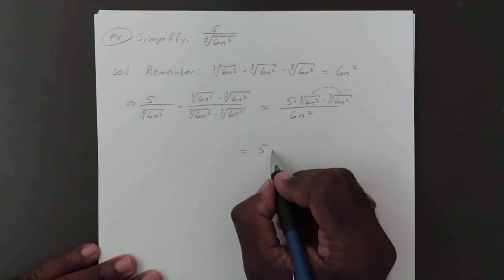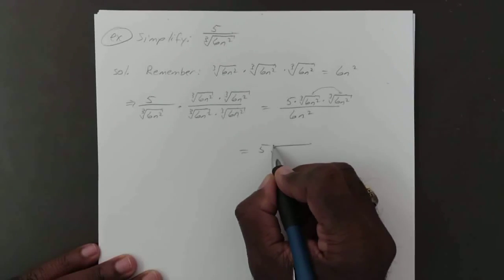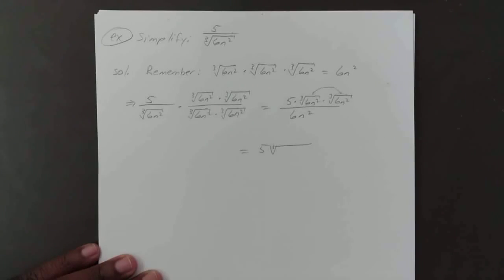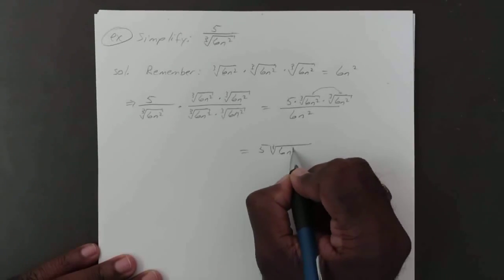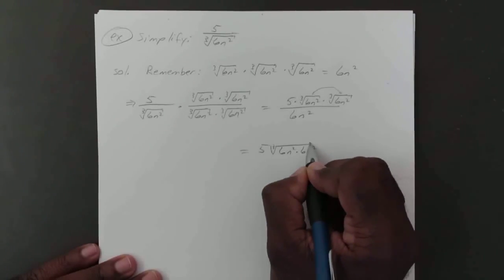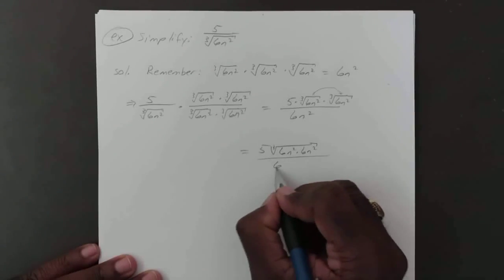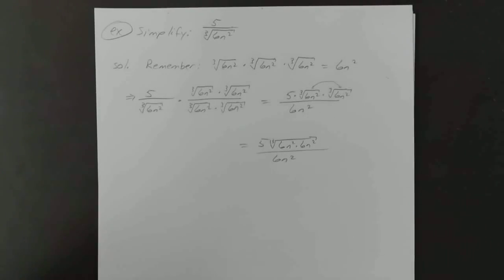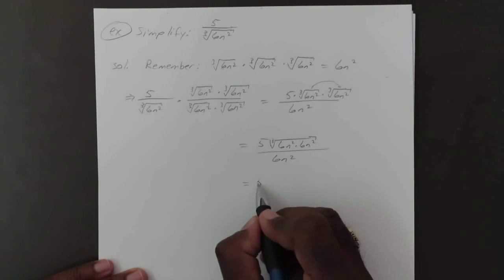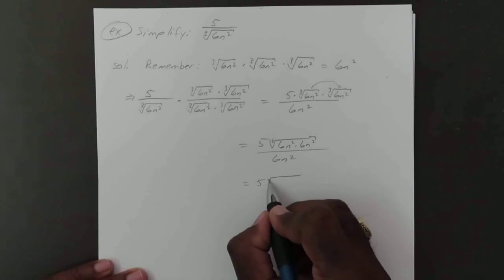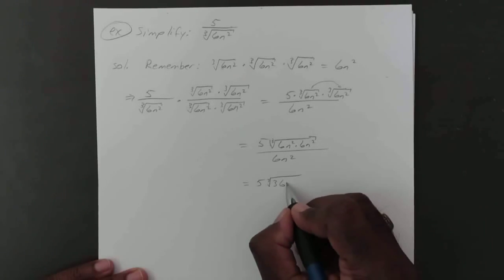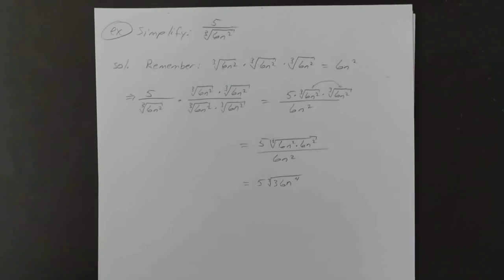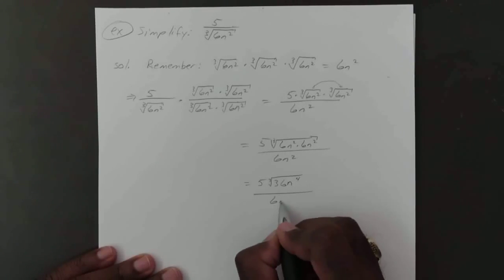Which we know we can go ahead and combine those two. So we have 5 times the cube root of 6n squared times 6n squared over 6n squared, which gives us 5 times cube root of 36n to the 4th over 6n squared.